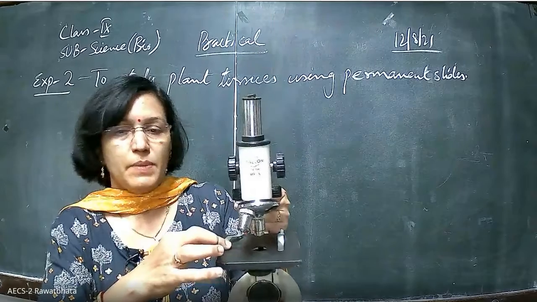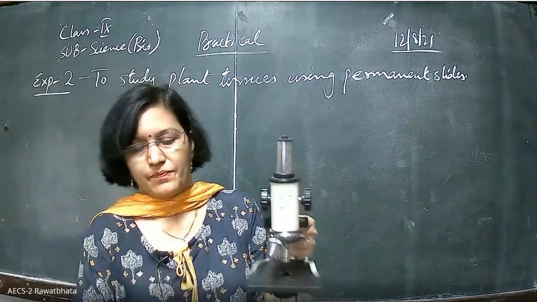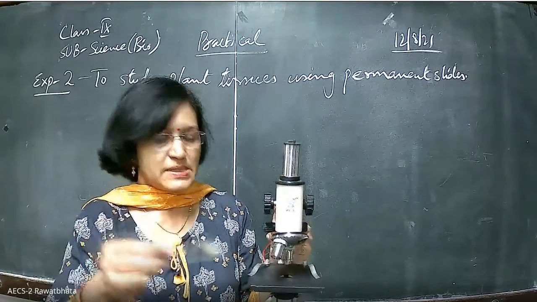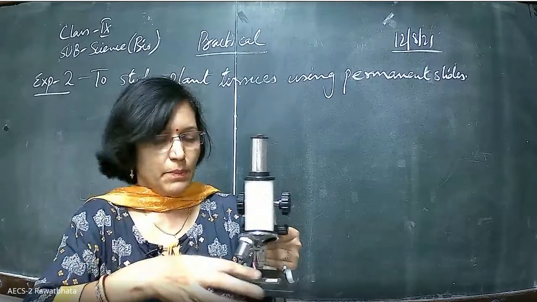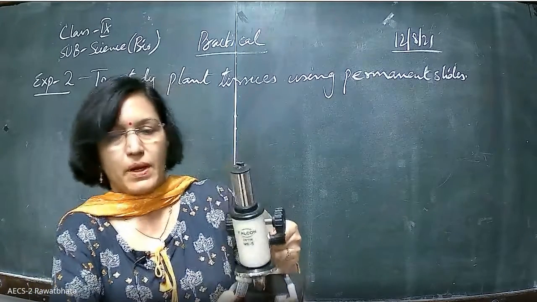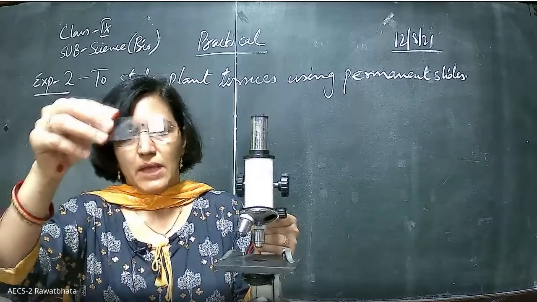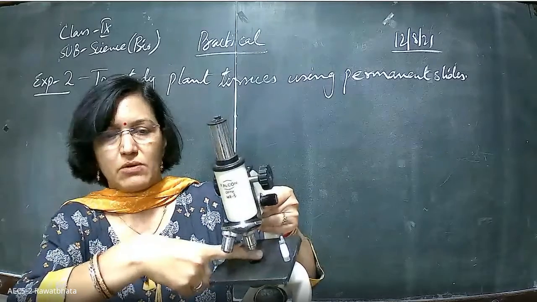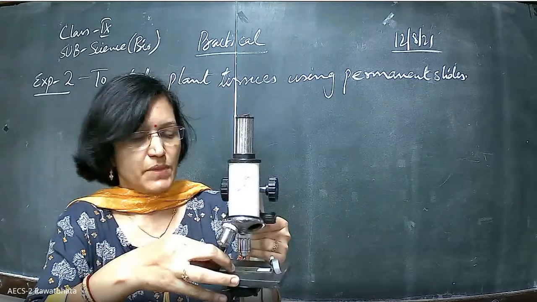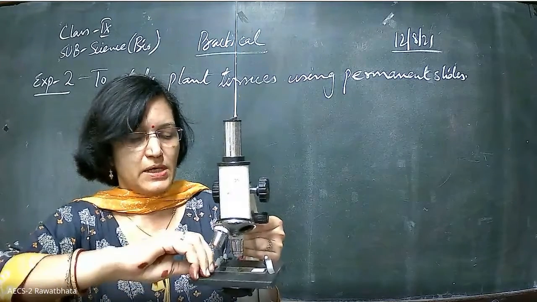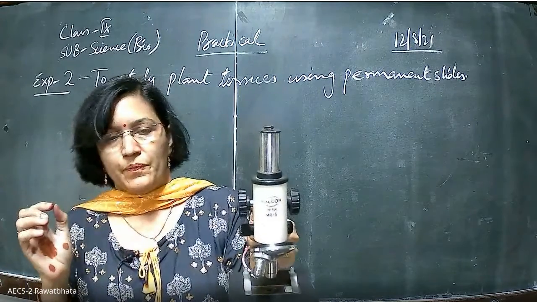We are simply going to remove the clips and put the slide in such a way that the circular part where the material lies coincides with this circular part, and we are going to fix the clips from both the sides so that the slide doesn't move.